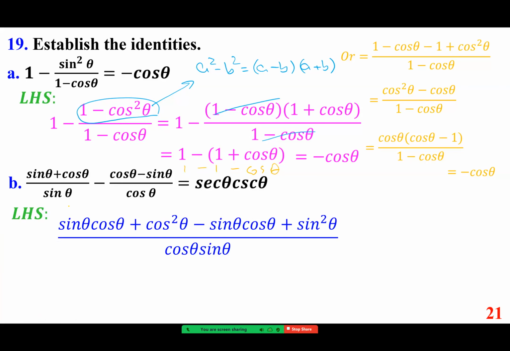So this one is cosine theta times sine theta plus cosine theta, and then minus sine theta times cosine theta minus sine theta. So that's what we have, everybody.